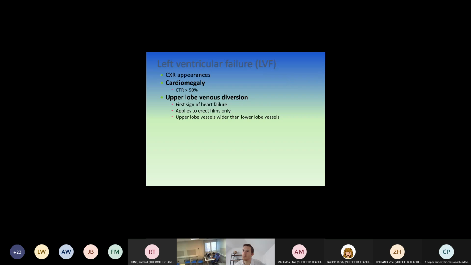Unless you report chest X-rays like we do in radiology, I would imagine most people in the trust wouldn't know what they were looking for with upper lobe venous diversion, despite the fact that it is usually the first sign of heart failure on a chest X-ray. Pulmonary edema. We get a couple of different types of edema.